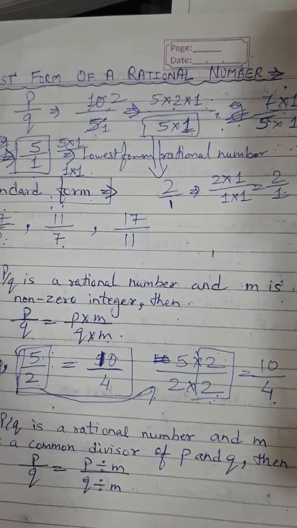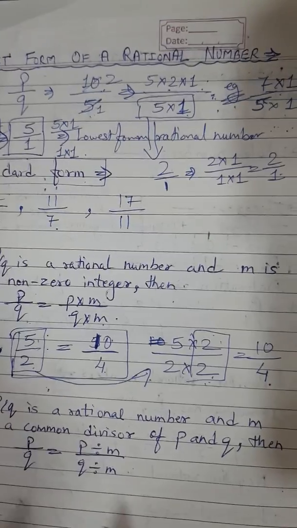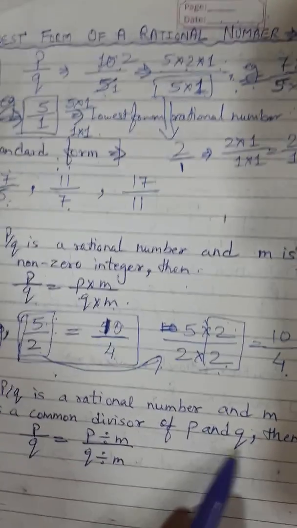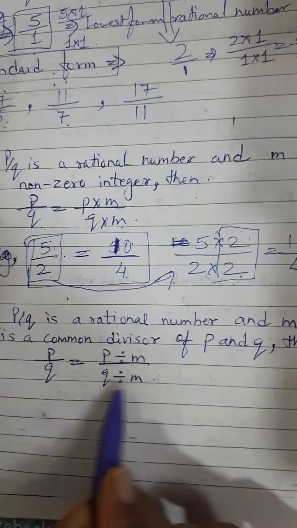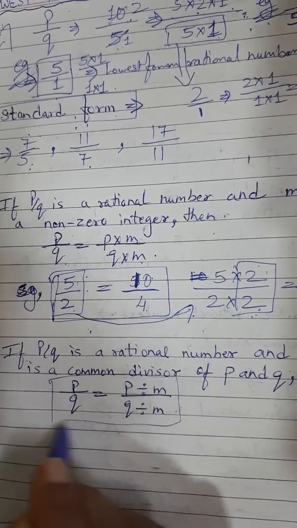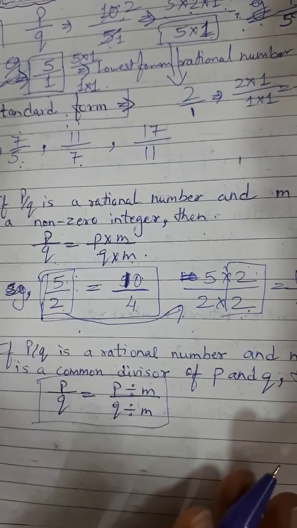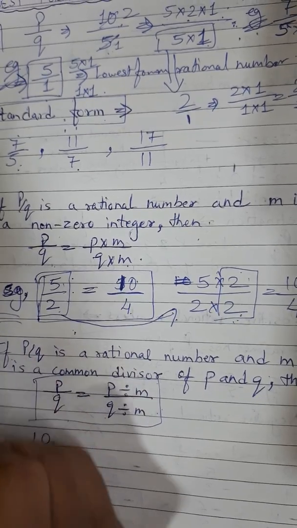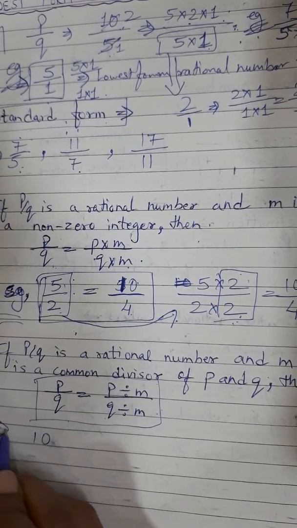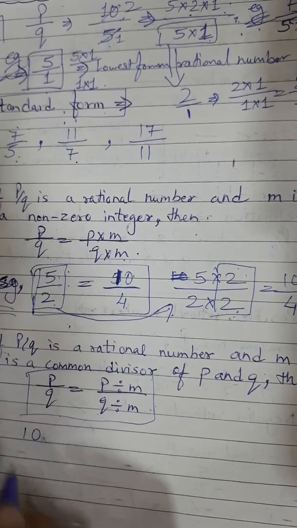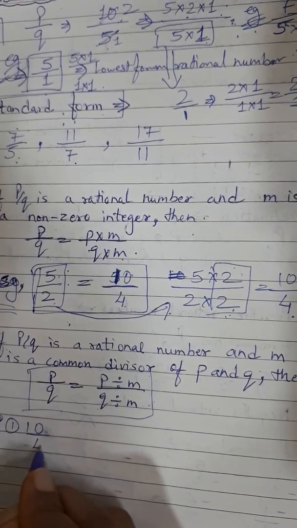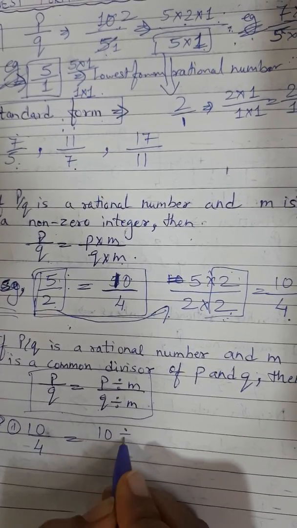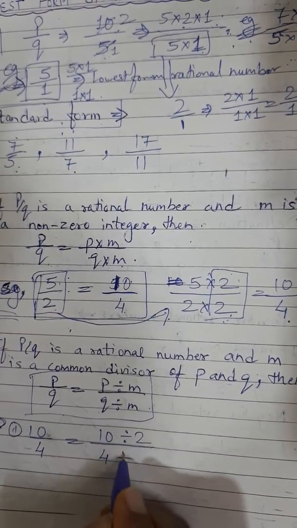Okay. In a similar way we divide also. If p upon q is a rational number and m is a common divisor of p and q, then p upon q is equivalent to the rational number we get by dividing by the same number. For example, we take the same example, 10 upon 4. 10 divided by 2 and 4 divided by 2.